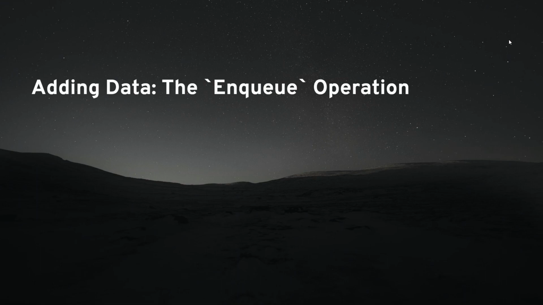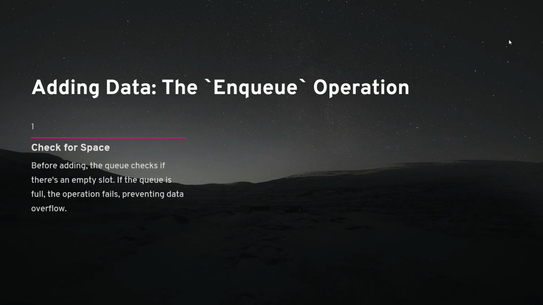Adding data, the enqueue operation. First, check for space. Before adding to the queue, check if there is an empty slot. If the queue is full, the operation fails, preventing data overflow. Second, increment rear.